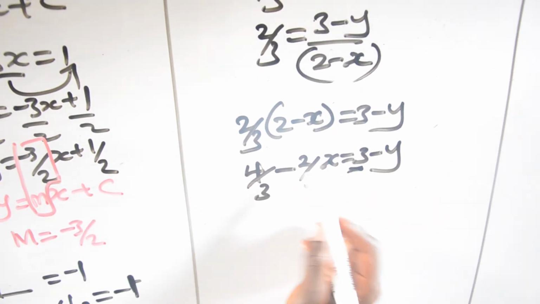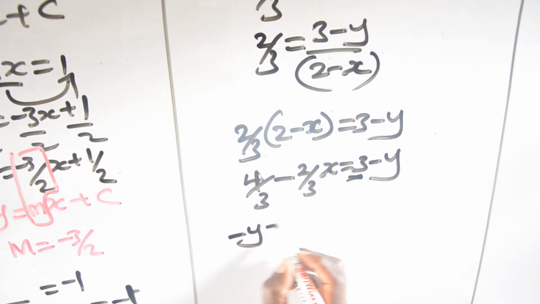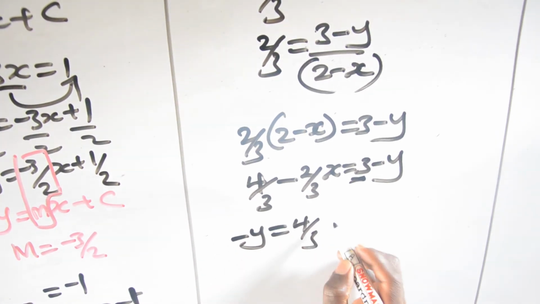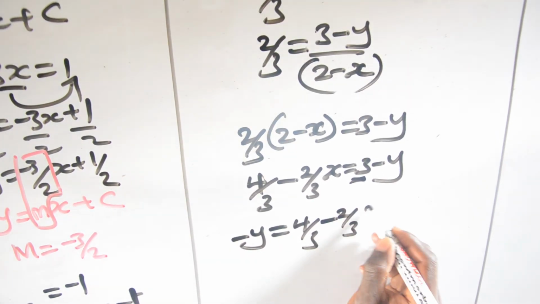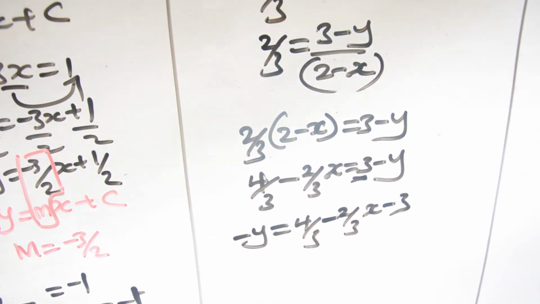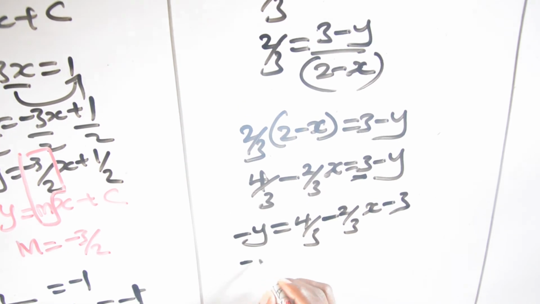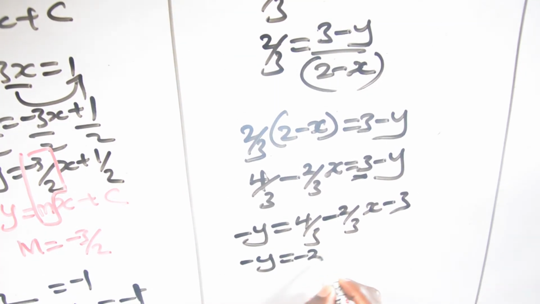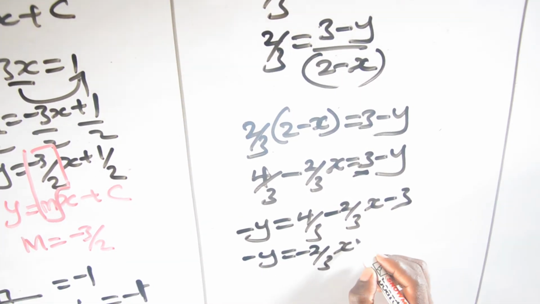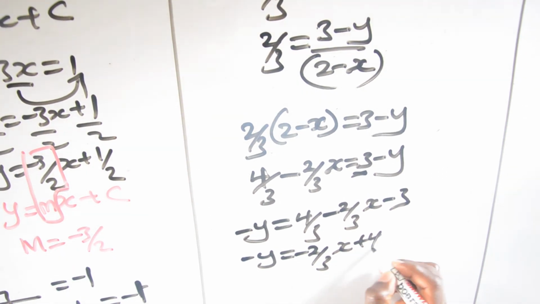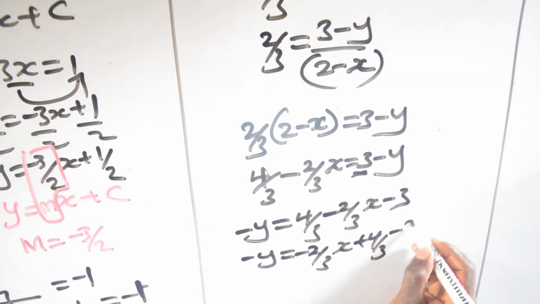You take 3 to the other side, it will be -y = 4/3 - 2/3 x - 3. Are we together? Here you collect the like terms together: -y = -2/3 x + 4/3 - 3.